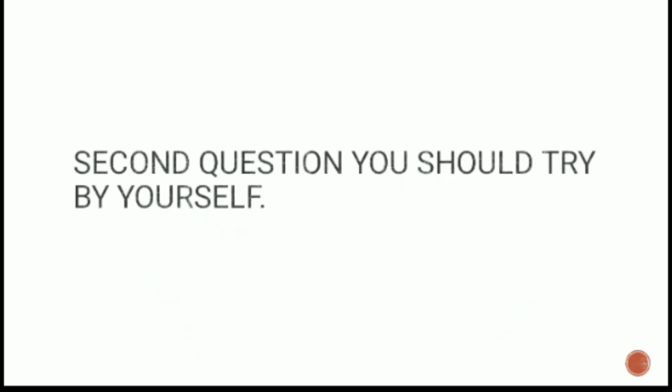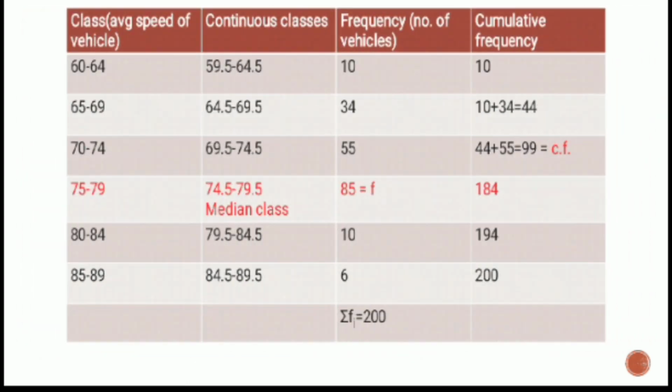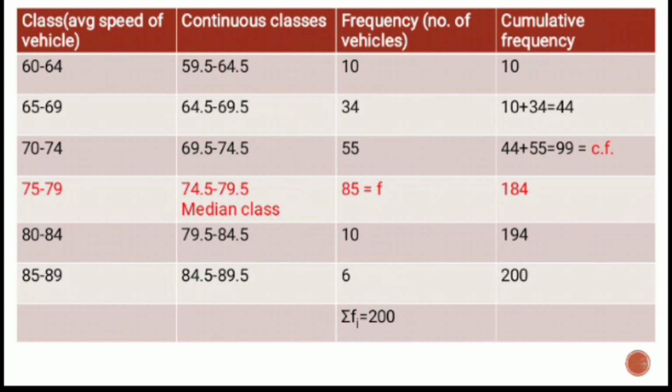And how to find the cumulative frequency: 10 plus 34 gives you 44, then 44 plus 55 gives you 99, then 99 plus 85 gives you 184, 184 plus 10 gives you 194, and 194 plus 6 gives you 200.